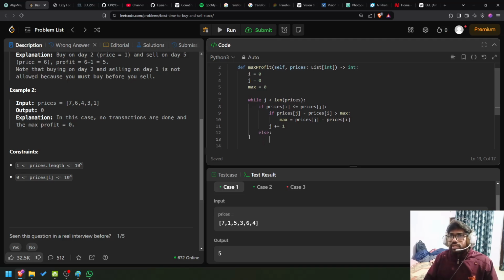And in the else part we simply increment i.